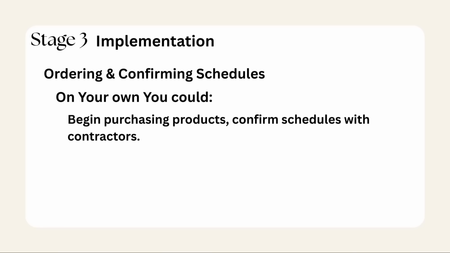Maybe this is a time where you can look for sales, maybe on certain items, and then also start to keep track of when things will be delivered, and staying in contact with any contractors that you have an agreement with on where they are in their process, and get an idea of the scheduling and the timeline for your design project.